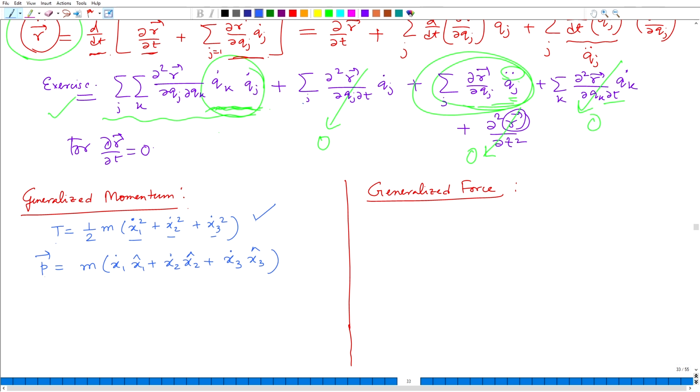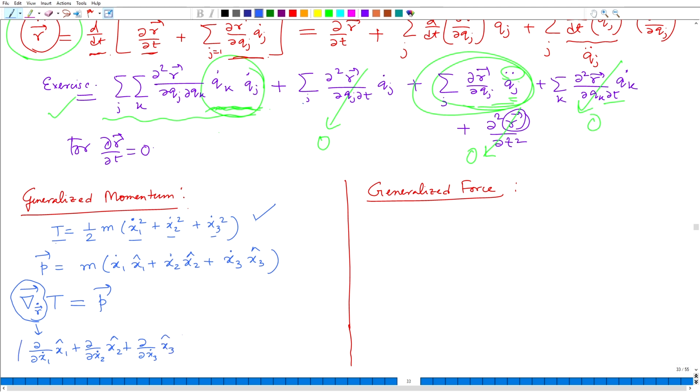And you can always show that this p can be obtained by operating on T with an operator, which I can write like this, a gradient operator but in velocity space. That means this is nothing but del/del x1 dot x1 cap plus del/del x2 dot x2 cap plus del/del x3 dot x3 cap.